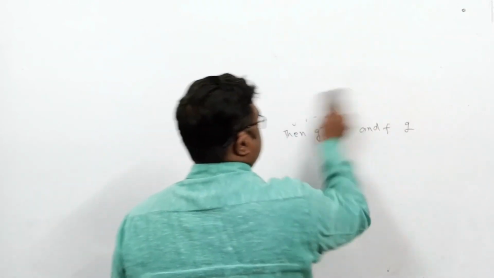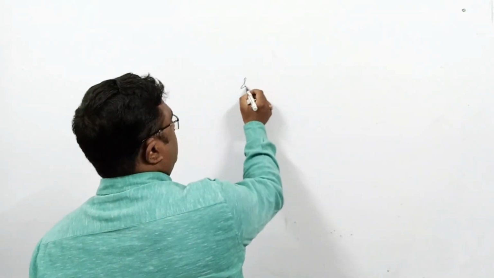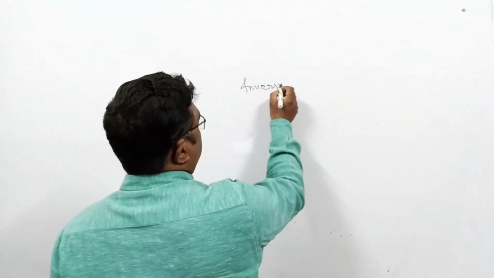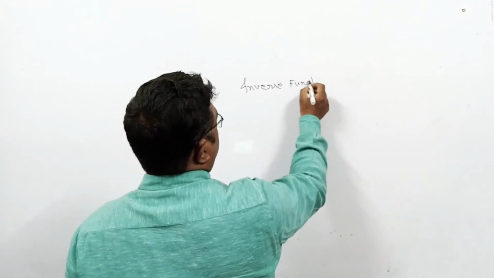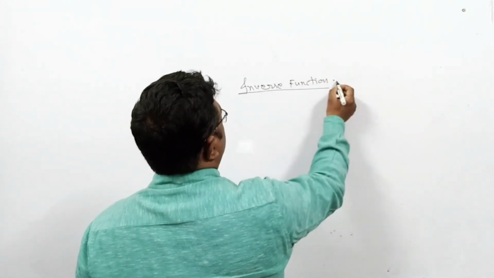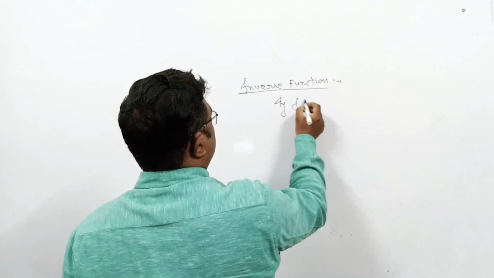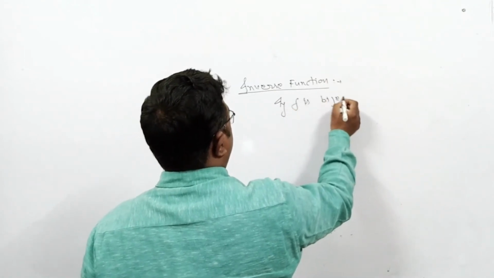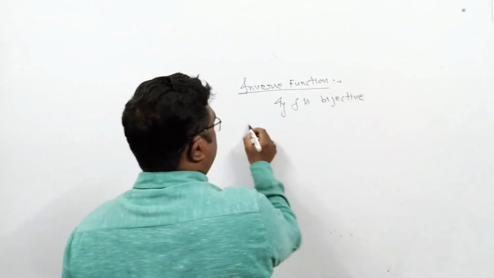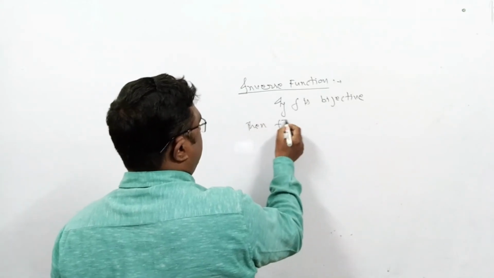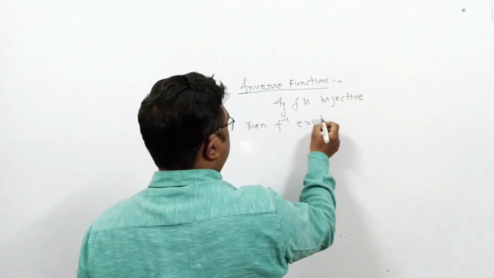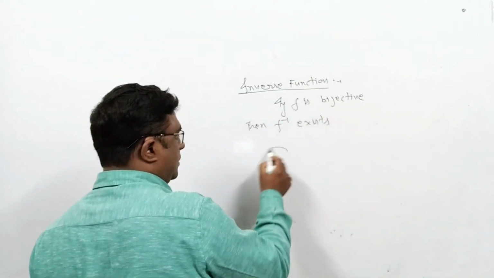Now the last topic is the inverse function. If f is bijective, then f inverse exists. Now what is f inverse?